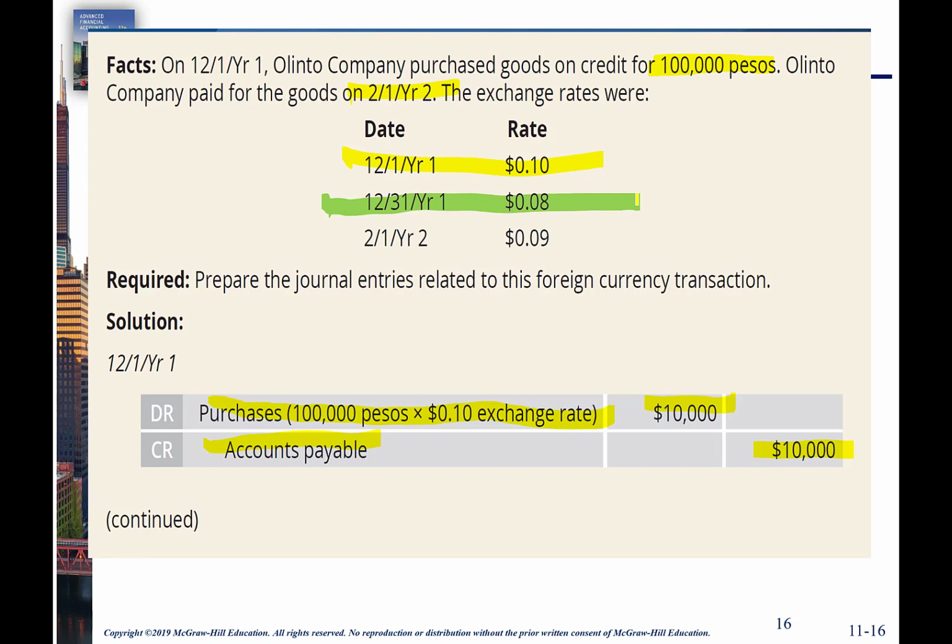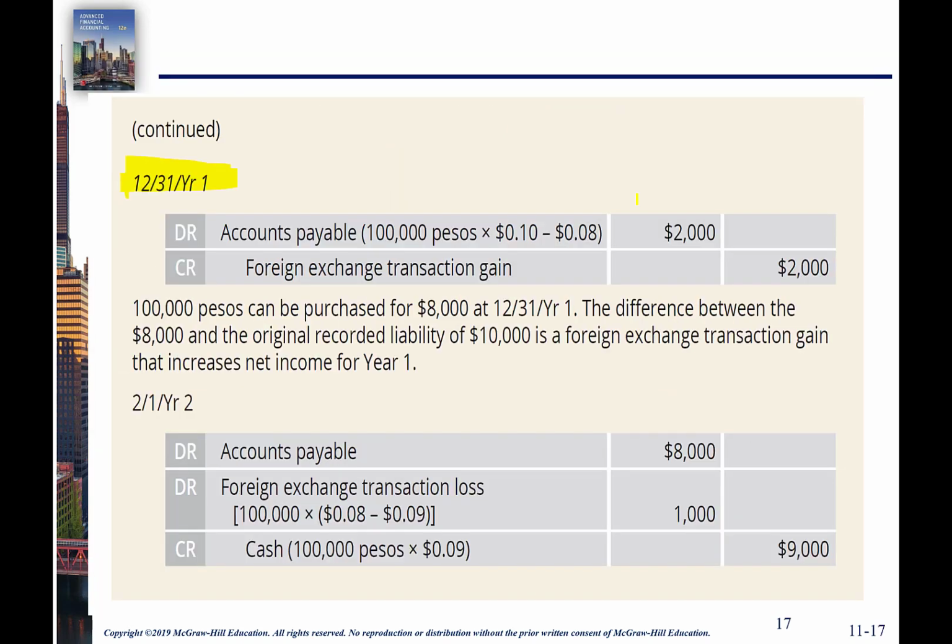If we're the U.S. company, the Mexican company's rates moved against them, but we're assuming that we're the U.S. company here, it's moved in our favor, and now we only have to give up 8 cents to acquire a peso. So that means there's been a 2-cent fluctuation.